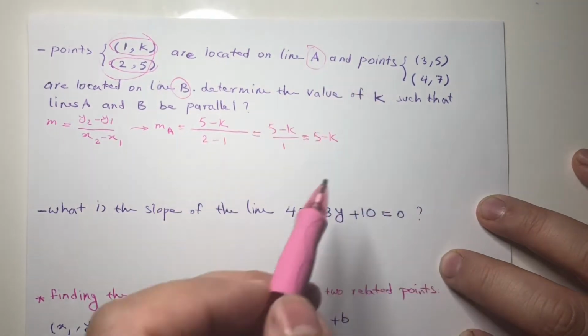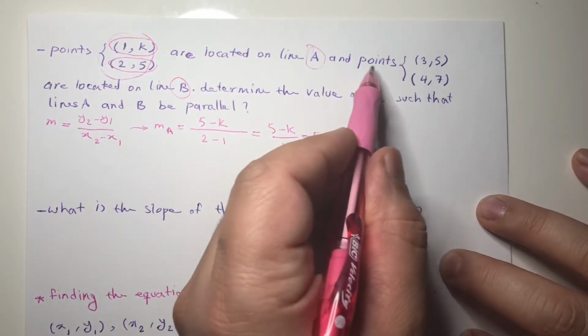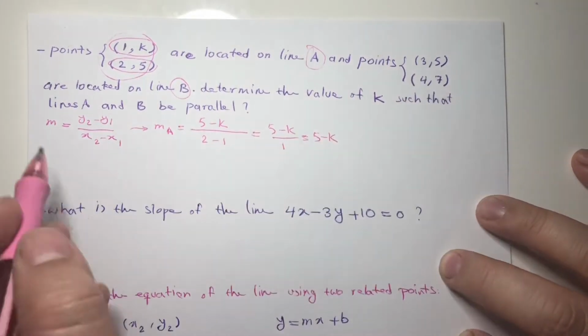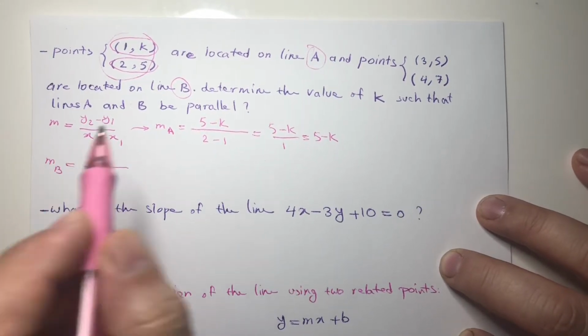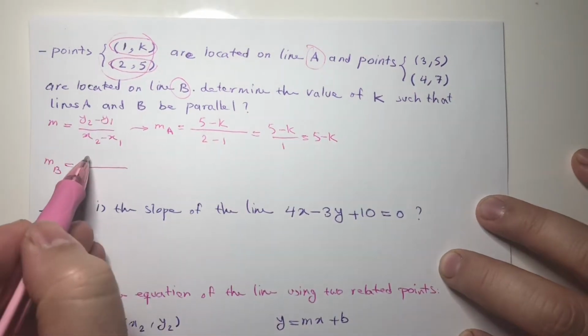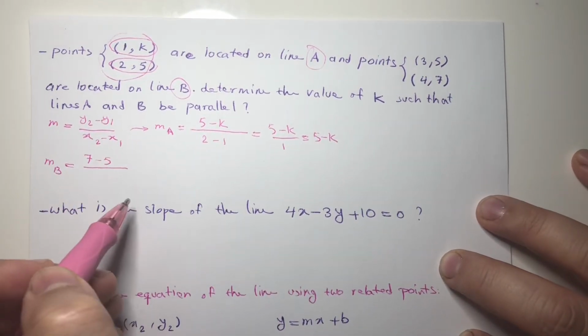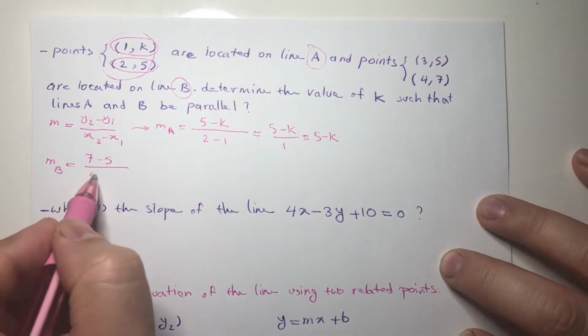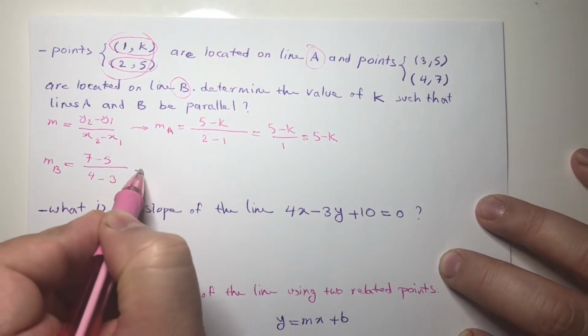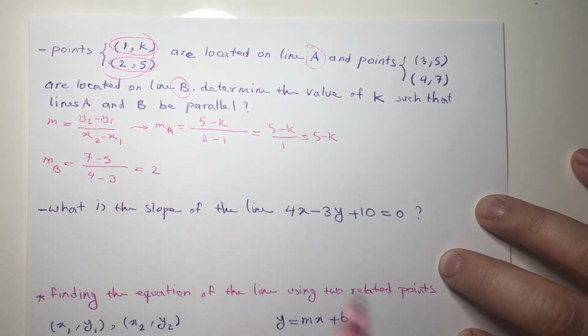For the second line, line B, we have these two points. Then the slope of line B equals y2 minus y1, or 7 minus 5, over x2 minus x1, or 4 minus 3. It would be 2, right?